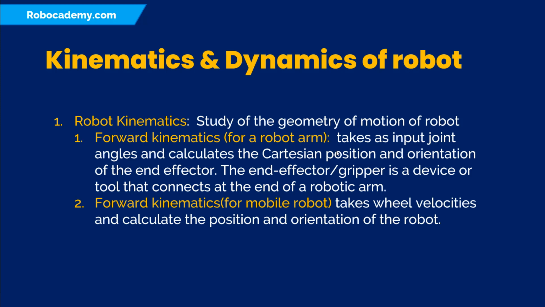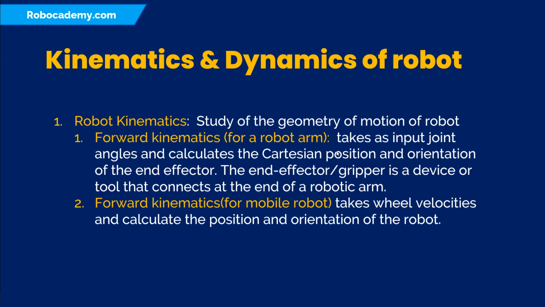So imagine we are giving some joint values to the robotic arm joints. Then using the forward kinematics equation, we can compute the gripper position. We talked about the robotic arm first.